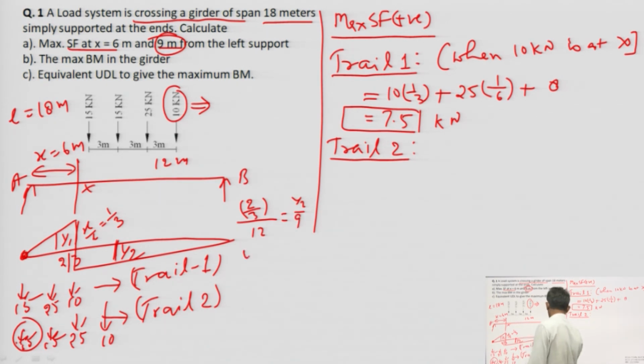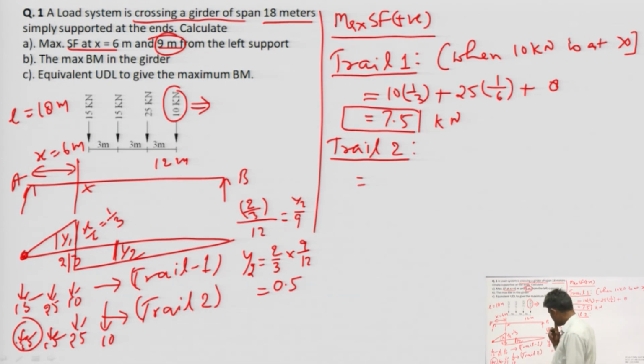So, the value of y2 comes to be 2 by 3 into 9 by 12, that is 2 into 9 divided by 36. So, this value is actually 0.5.